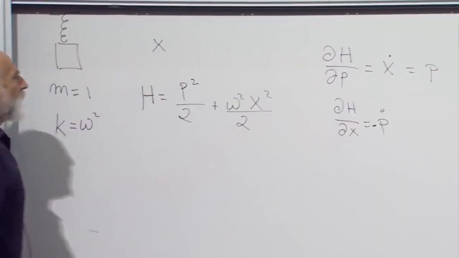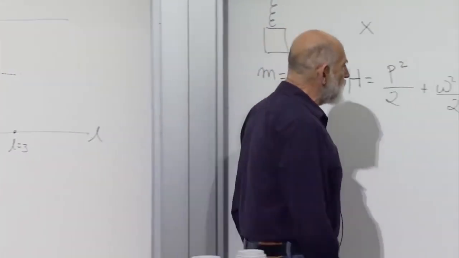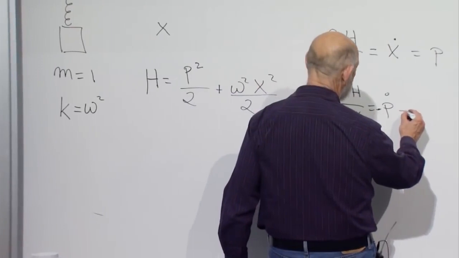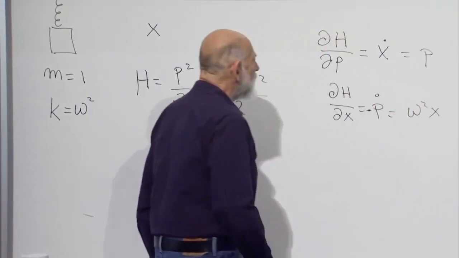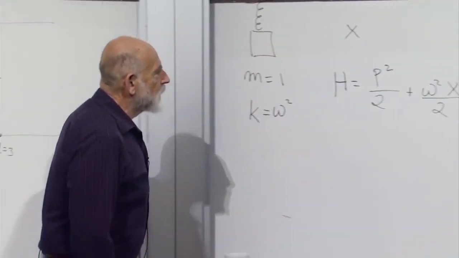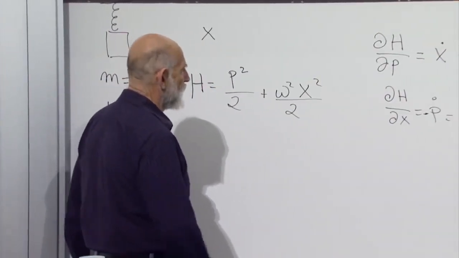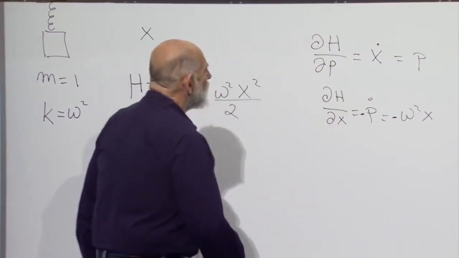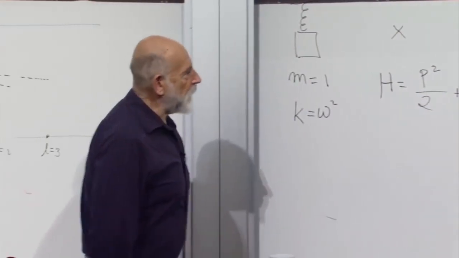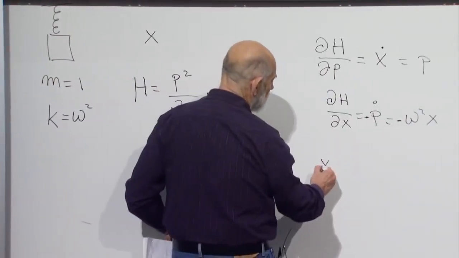That's good. Now, what about dH by dx? dH by dx is omega squared x. Plus or minus? Minus. Okay, let's check Newton's equations. Let's calculate the acceleration. The acceleration is x double dot.